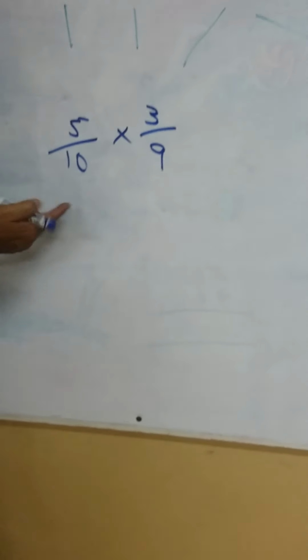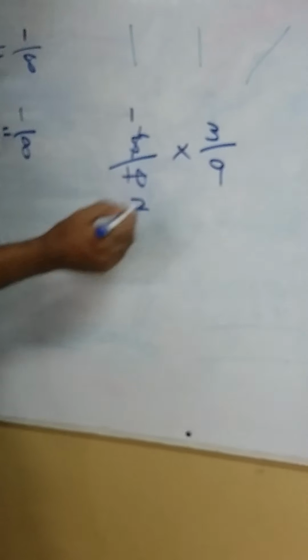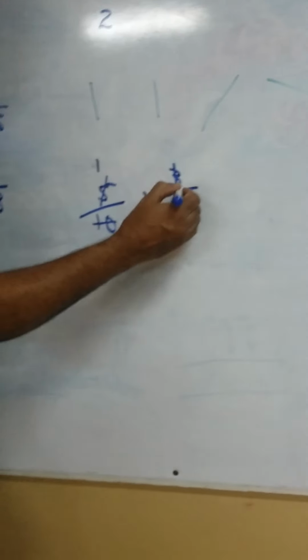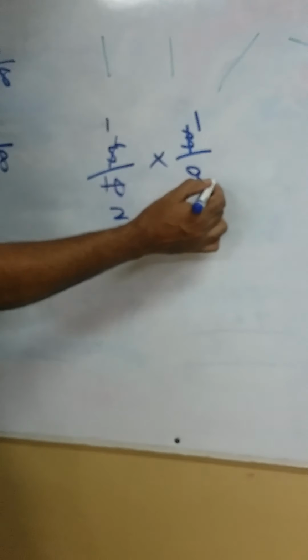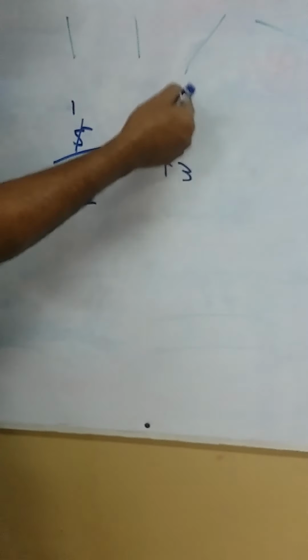So 5 and 10. 5 into 5, 1. And 5 into 10, 2. Can this reduce again? No. So we go to reduce this way now. 3 into 3, 1. 3 into 9, 3. Okay? So this cannot reduce anymore. So can we reduce this way?